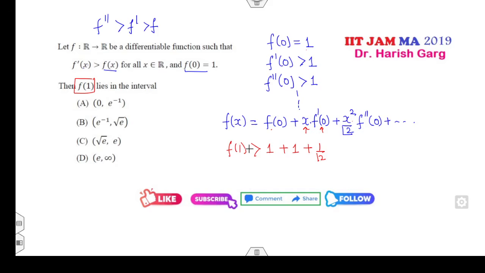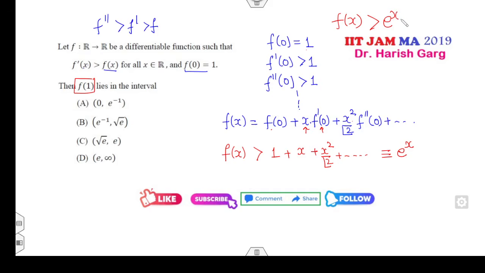Okay. Instead of that, I can write in terms of x firstly. That is quite easy. 1 plus x plus x square by 2 factorial and so on. What is that? This is e raised to power x. That means f of x will be greater than e raised to power x. So what is the f of 1? f of 1 will be greater than e. So that D is the right answer of the problem.